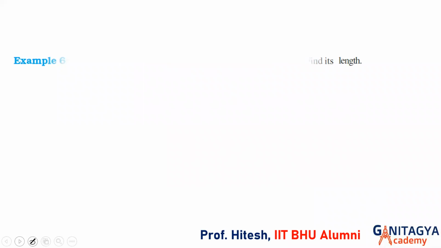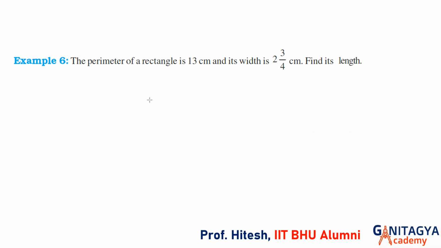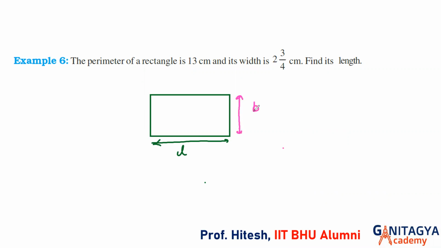Okay. So the next question is, the perimeter of a rectangle is 13 centimeter and its width is 2 3 by 4 centimeter. Find its length. Okay. First of all, let me know what is a rectangle. Rectangle is of this shape. Then if this is its length and this is its breadth, width or breadth.